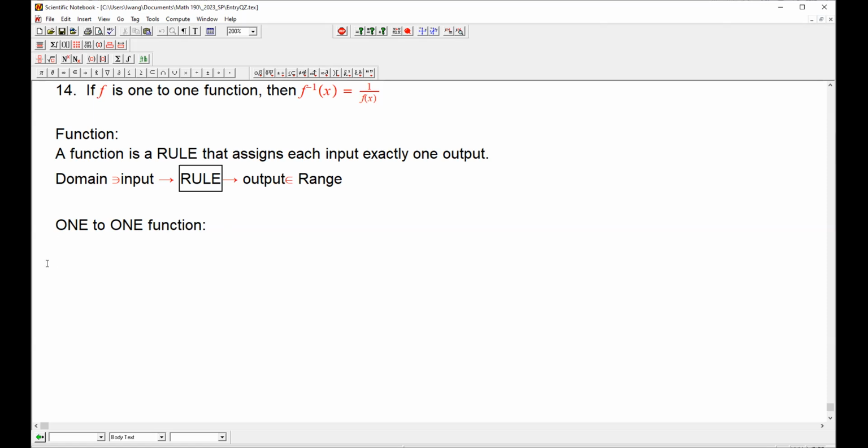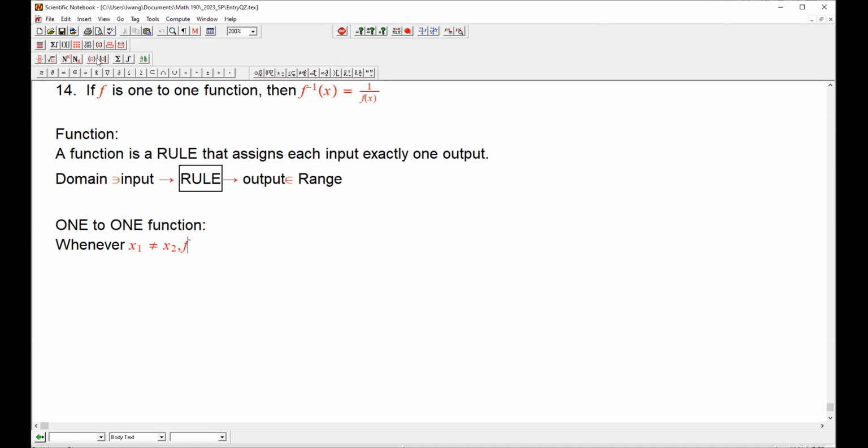Okay, it says whenever the inputs are different, the outputs are different as well.